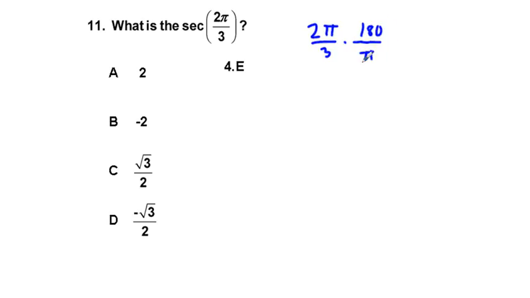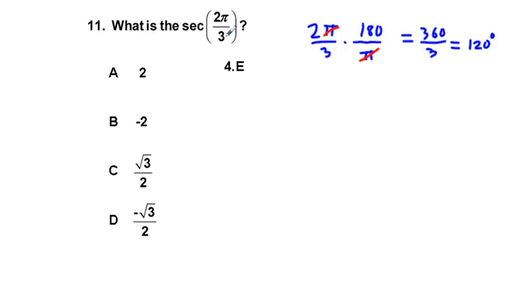And so we get 360 degrees divided by 3, which is 120 degrees. And if you have your calculator in degrees, you can go ahead and solve this way. If your calculator is in radians mode, you can just enter secant 2 pi over 3.